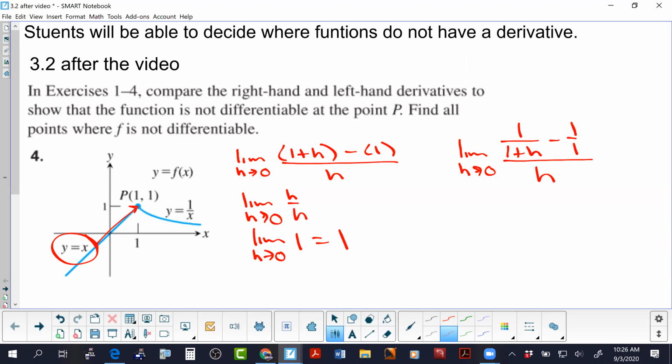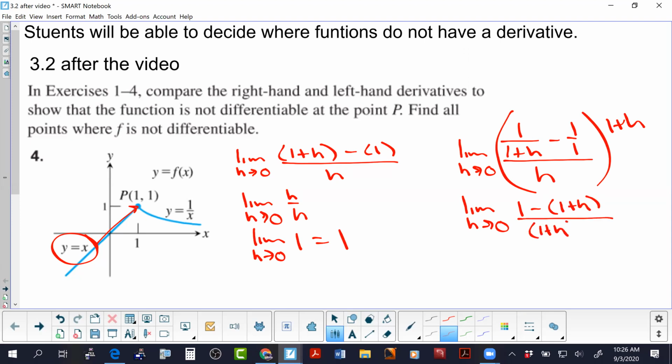Because the right-hand function is 1 over x. So we have the limit as h approaches 0 of, I'm going to multiply all of this by 1 plus h to get rid of the complex fraction. So 1 minus 1 plus h over 1 plus h times h.